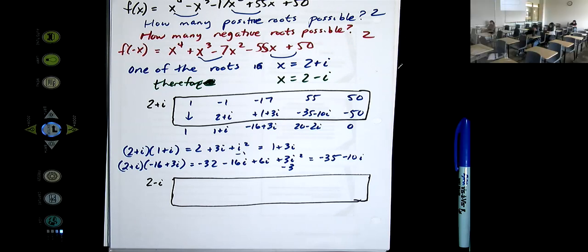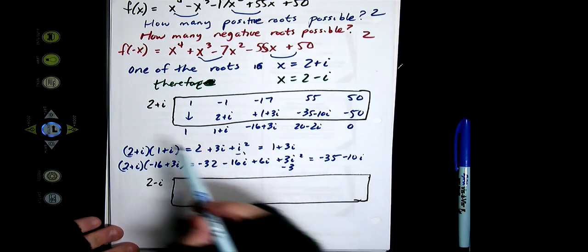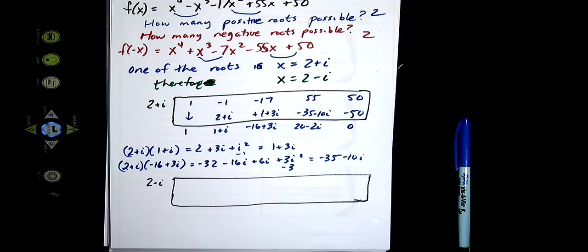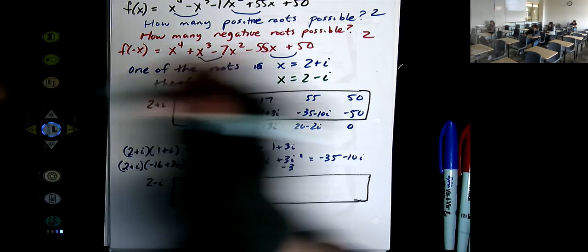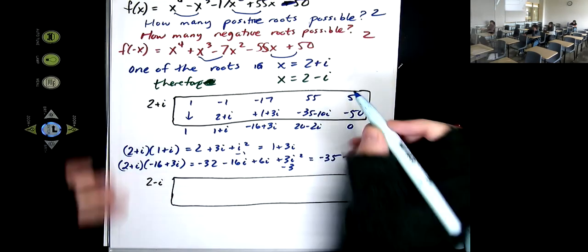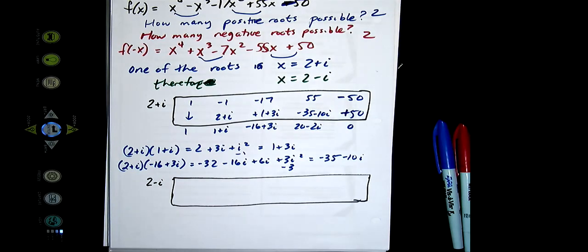Did I write down the problem right? I mean, because I got positive 50. That's supposed to be a negative 50 here. Sorry, you're right. There we go. My bad.